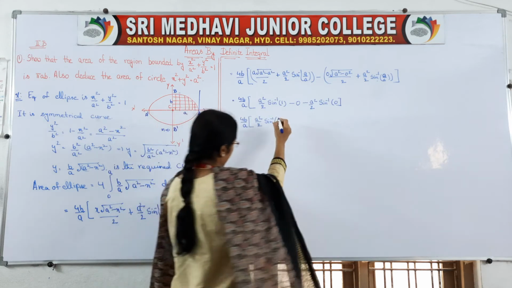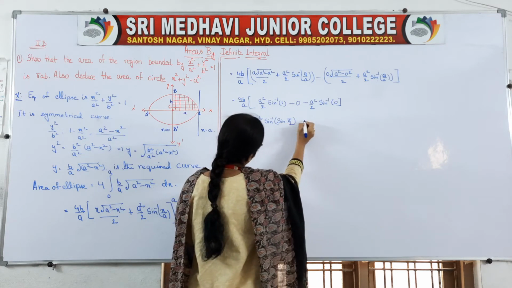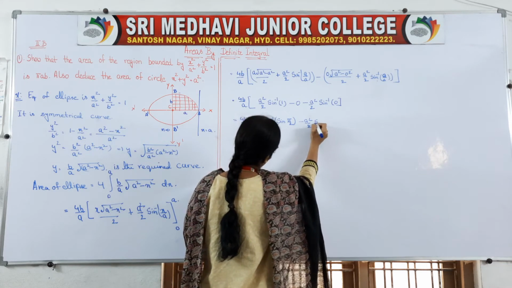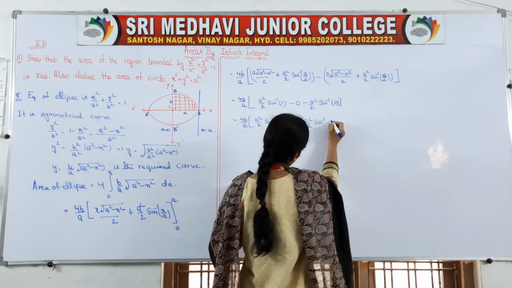How can we write it? Sine 90, right, it is sine pi by 2. Next, minus a square by 2 sine inverse of sine 0 we can write.